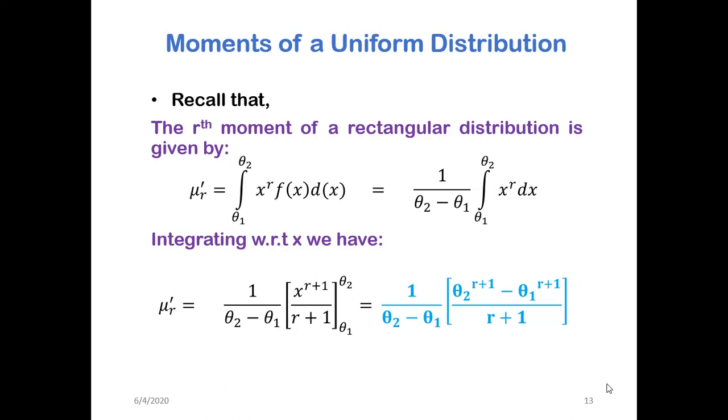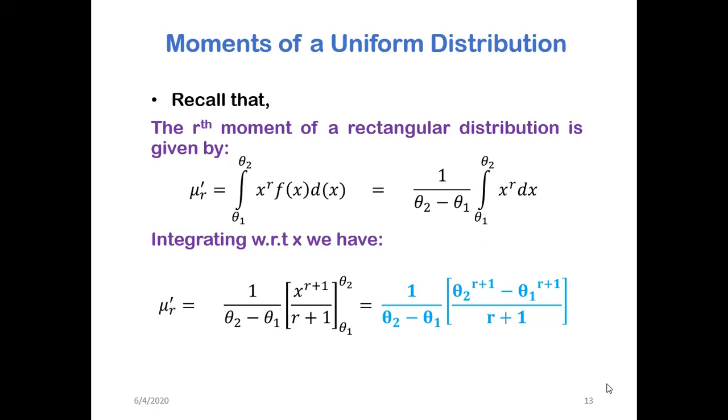The text in blue font represents the rth moment of a random variable which follows a uniform distribution. So from this point, you can calculate the mean, the variance, the third moment, or whichever moment by simply substituting the value of r.